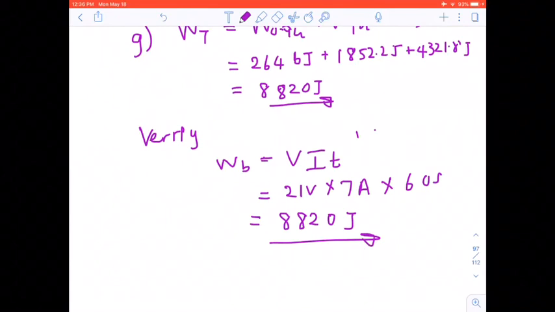It means the battery is doing that amount of work. Okay?